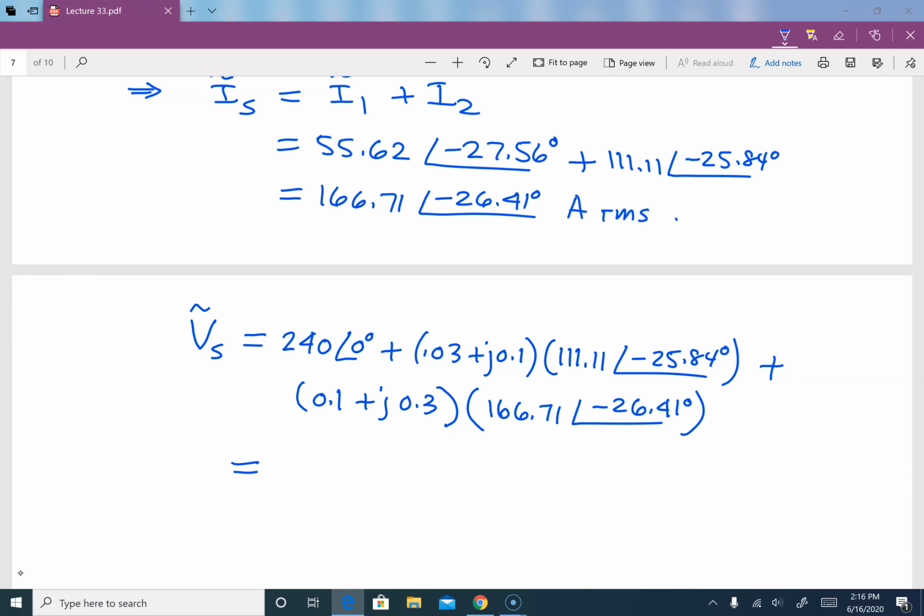And our VS came out to be 288.16 with angle 8.48 degrees, and that is volts in RMS.